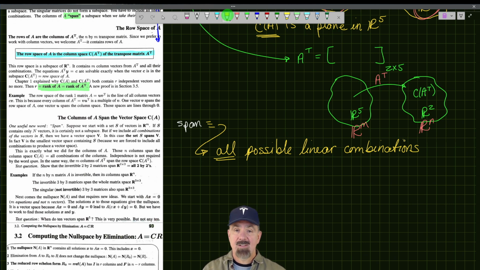The span of a set of vectors is going to be a vector space. And you could ask, well, how do I know it includes the zero vector? I know it includes the zero vector because one of the possible linear combinations is multiplying by the scalar 0. And if I multiply by 0 every vector in the set that I'm taking the span of, then I end up with the zero vector. So it has to be in the span. The zero vector is in every span.